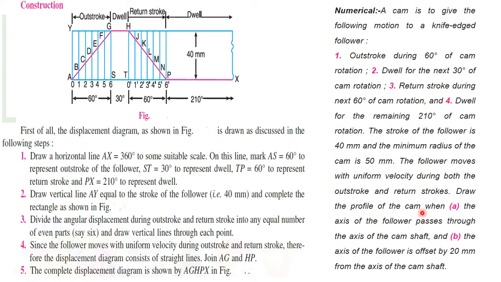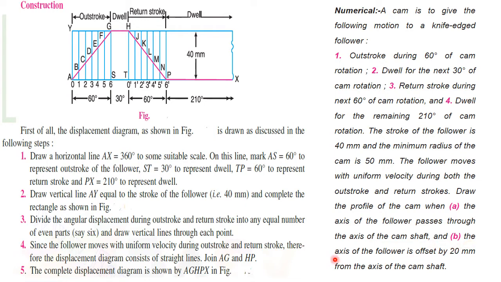Draw the profile of the cam. How to draw the profile of the cam? You are asked by the question. A, the axis of the follower passes through the axis of the cam, which makes it a radial cam.